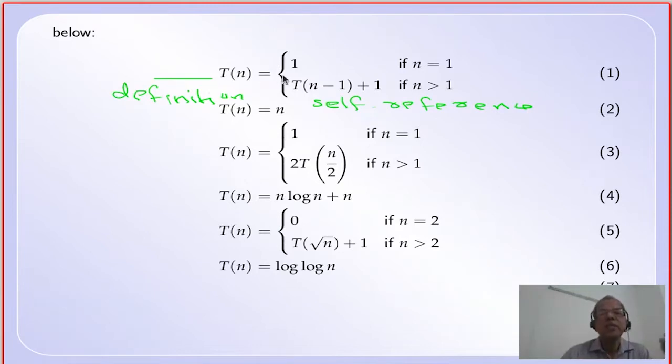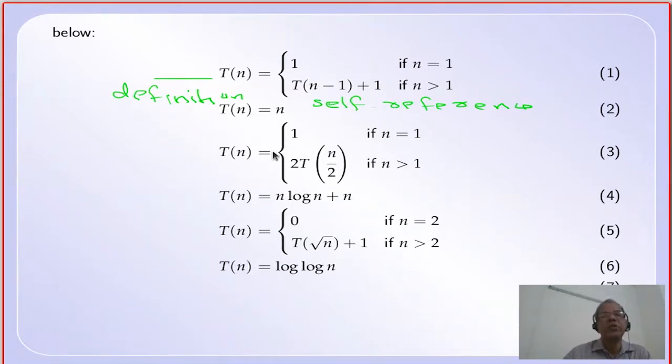By the way, when we write a recurrence relation, there will be a recurrence step, and there should also be a base case. When the input size is 1, the running time is 1. So every recurrence relation should always have a base case, or a bounding case.